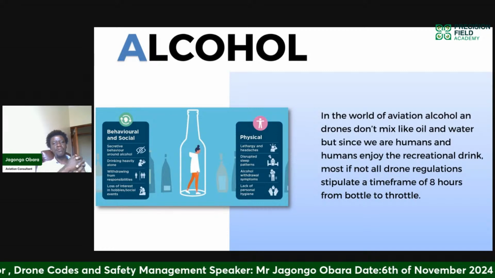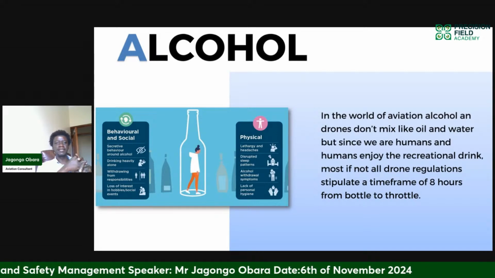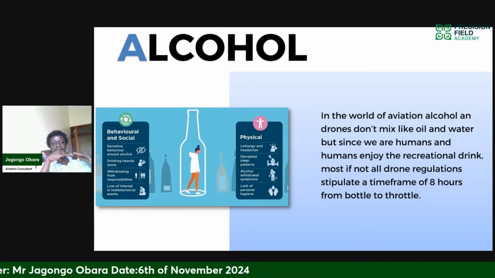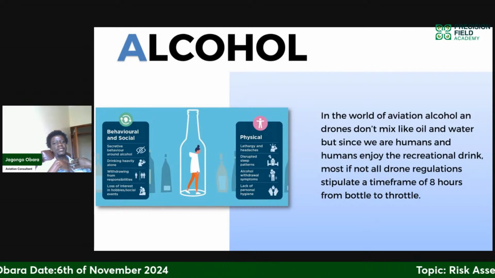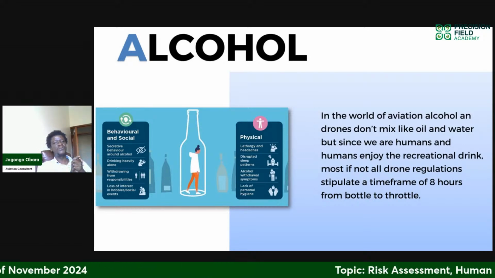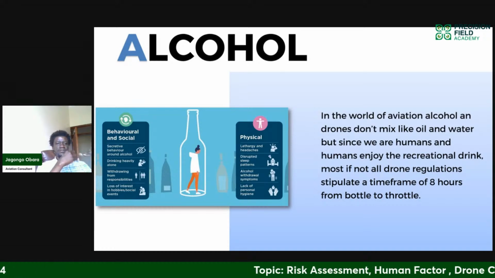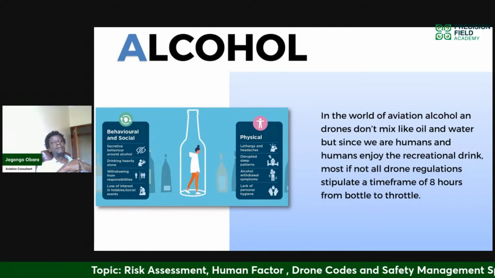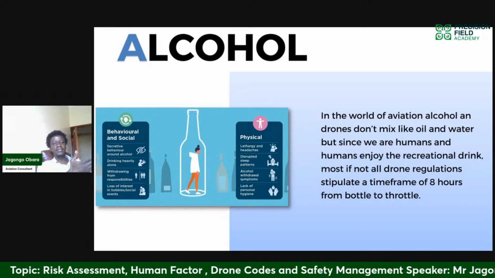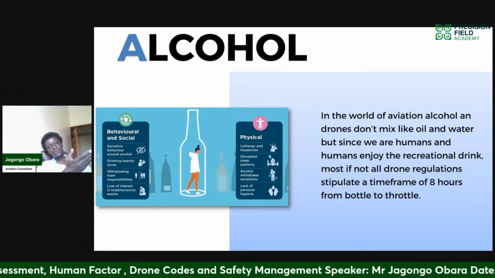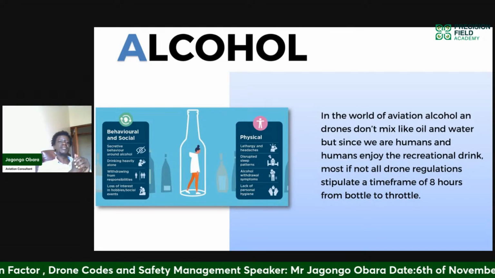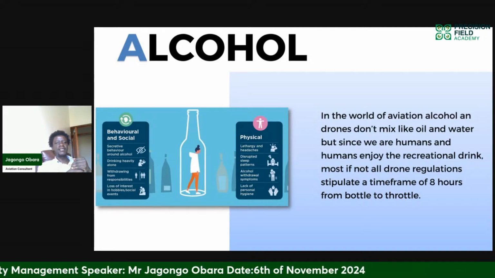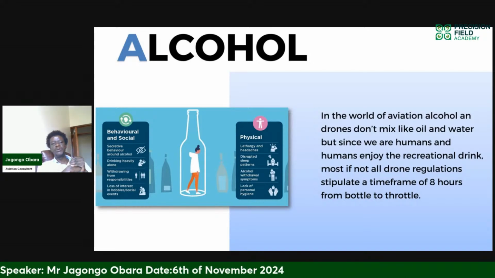But why we are having this human factor session is because not everybody is standard. It might take me, for instance, 8 hours to exit the toxins of the alcohol from my system, but it might take somebody else 20 hours, or somebody else, it might take them 2 hours. So it depends.